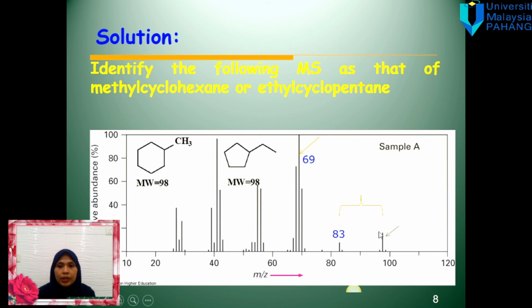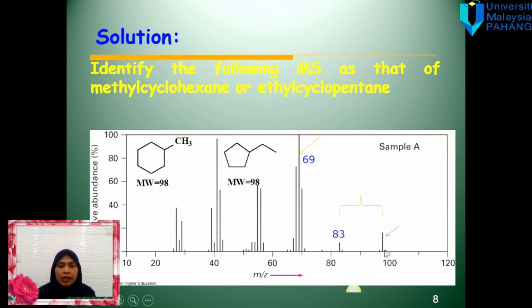The molecular weight is here, 98. 98 deducted by 83 becomes 15. The difference of 15 we know is the loss of a methyl group. The methyl might be here or might be here, so we cannot predict.